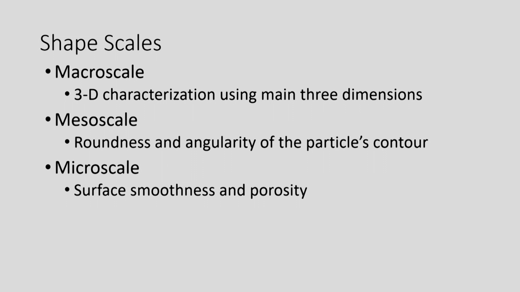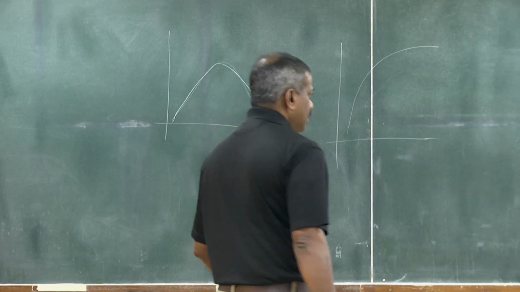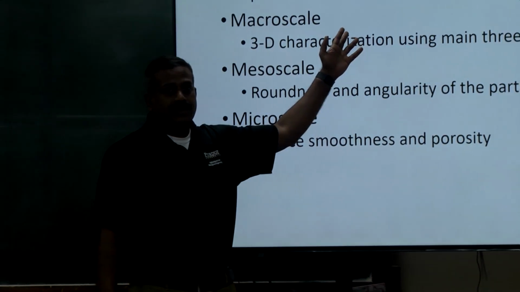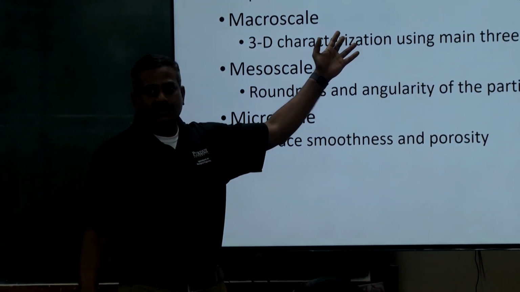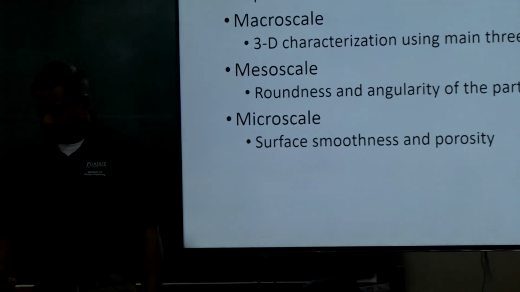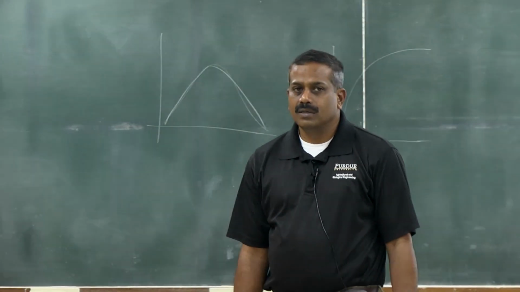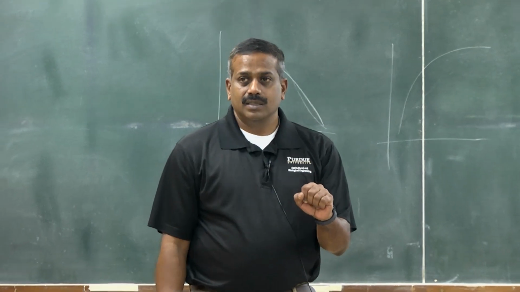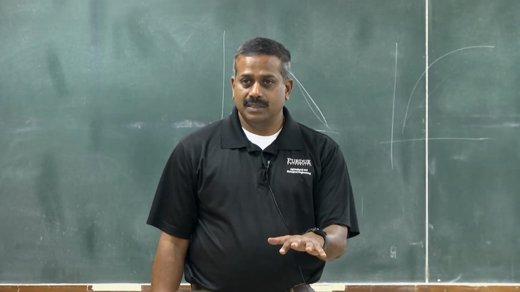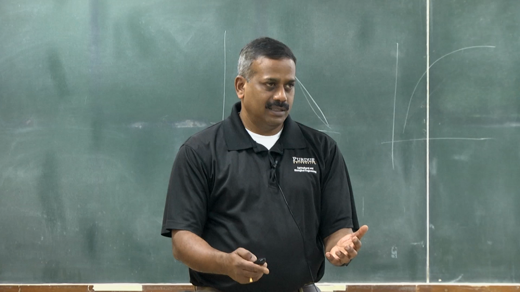And we also do different characterizations, like micro scale, very small surface smoothness and porous behavior, or roundness and angularity, or sphericity, circularity, all those things. We characterize shape based on micro characteristics, surface characteristics, up to the large particle characteristics.